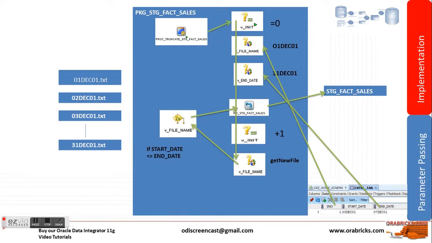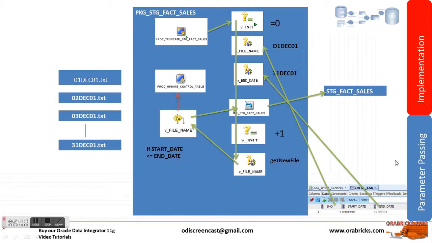First I will truncate my stage fact sales before running my full load. Then I will run my flow, the complex flow, and I will also have another procedure to update the control table value. For example, the initial value of start date is 03 December 01 here, and the end date is 07 December 01 here.